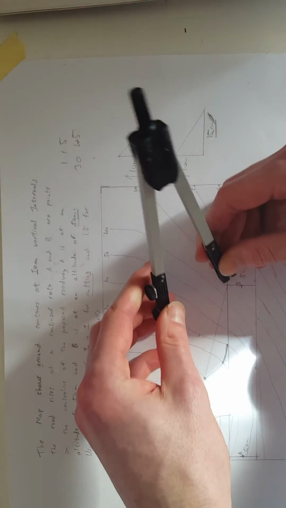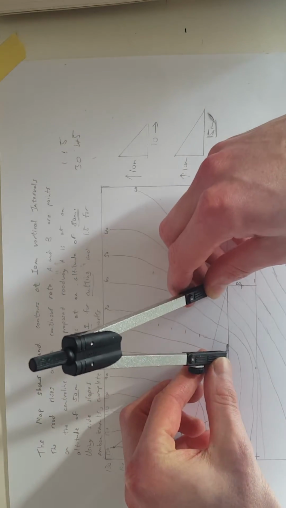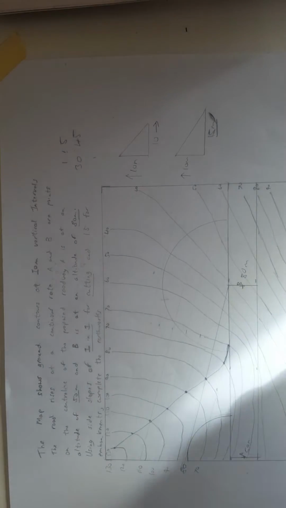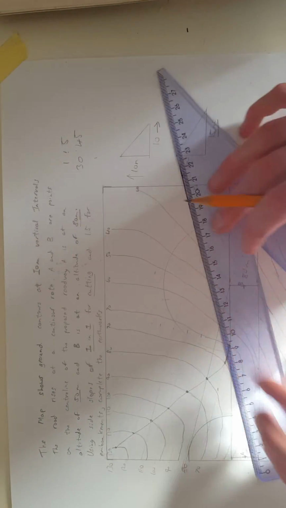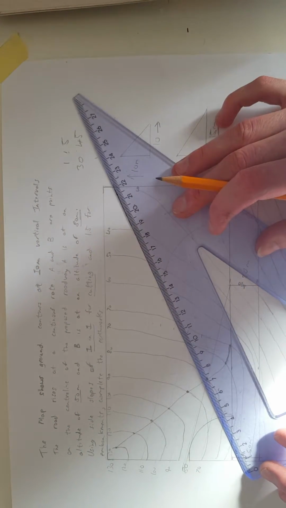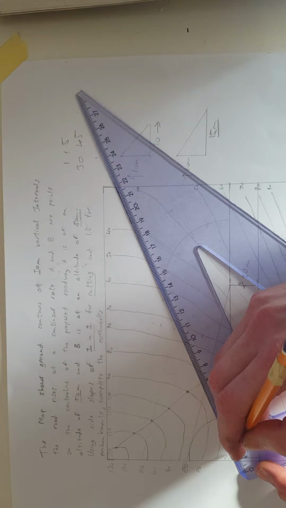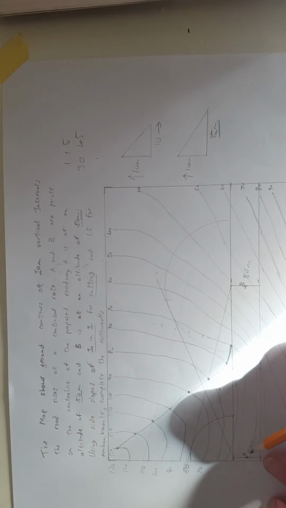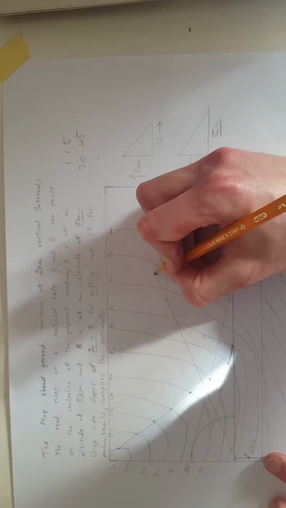from our point B. And then we do the same procedure as we did with the cutting. So we draw a tangent back to point A. And as A is at 50, this line is at 50 meters.